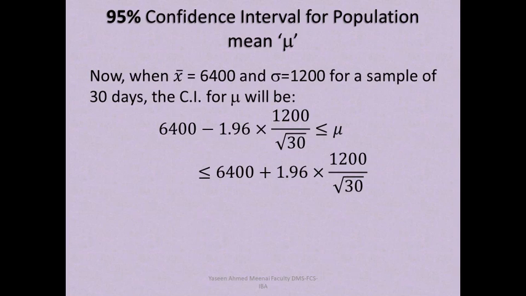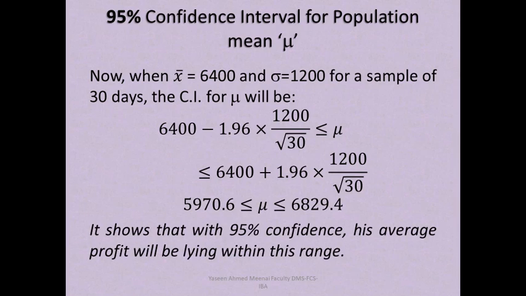We just replace all the relevant values in the formula of the confidence interval: 6400 minus 1.96 times 1200 over root 30 is less than or equal to mu, which is less than or equal to 6400 plus 1.96 times 1200 divided by root 30. It gives us the answer 5970.6 less than or equal to mu less than or equal to 6829.4. So what does it mean? It shows that with 95% confidence, he can say that his average profit will lie within this range.